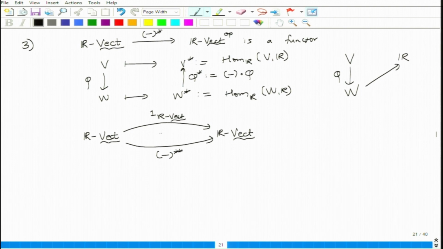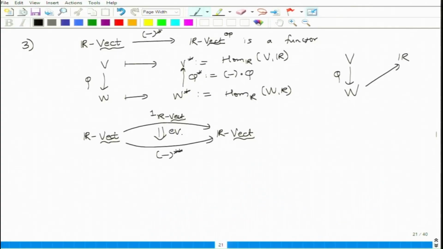And now I want a natural transformation from here to here. Can you tell me what it is? The dual map. What is the dual map? If you are given one element of a vector space, evaluation. Yeah, so I am going to call it evaluation. Okay, and what is its component?